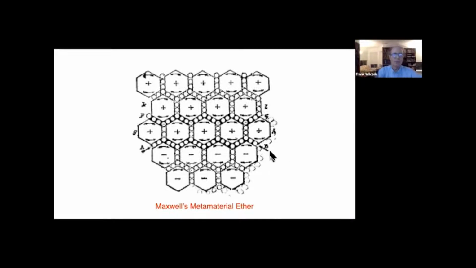I won't go into the details of this model, but it was a way of getting a substance made in terms of mechanical elements that, insofar as the way it supported flows of energy and momentum, behaved in the same way as electric and magnetic fields.